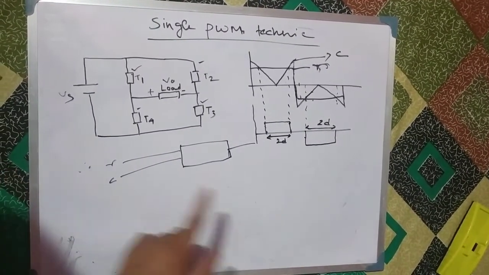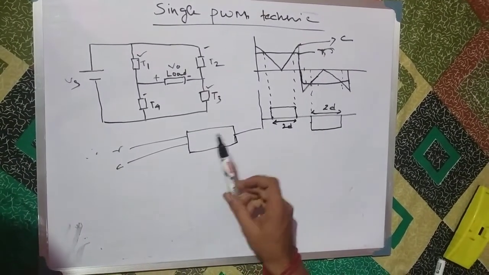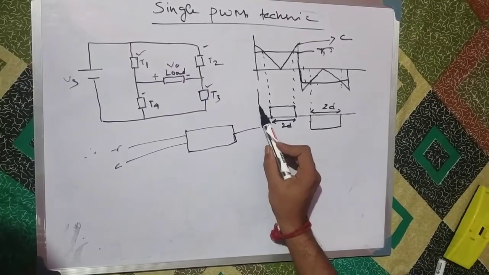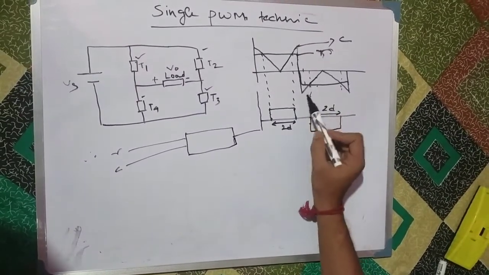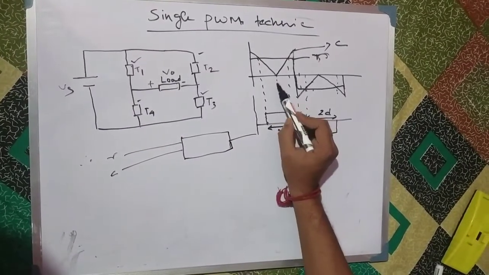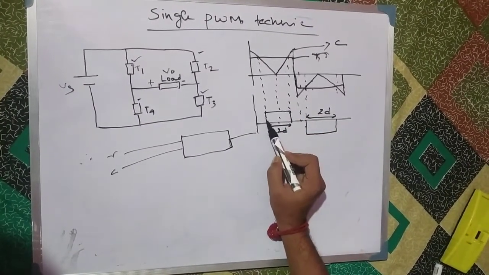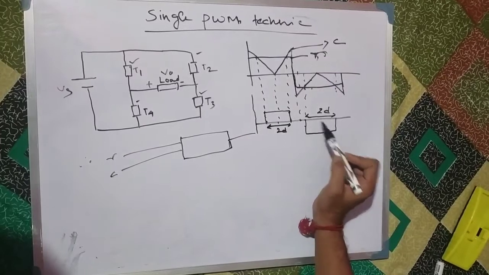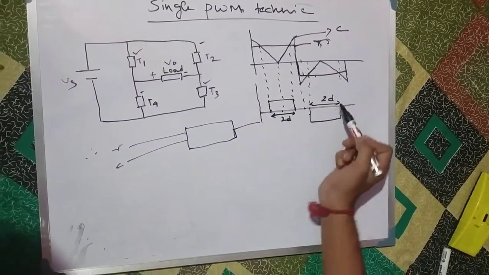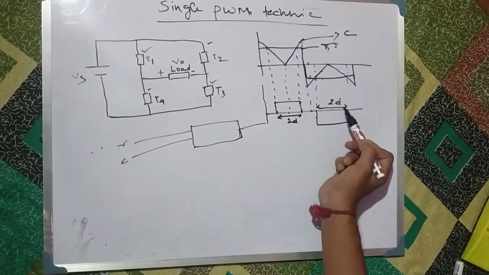For a normal single phase full bridge inverter, we have output voltage from 0 to pi and pi to 2 pi. Now we have pulses of width 2D and 2D, let it be 90 degree, 2D equal to 90 degree or 60 degree.